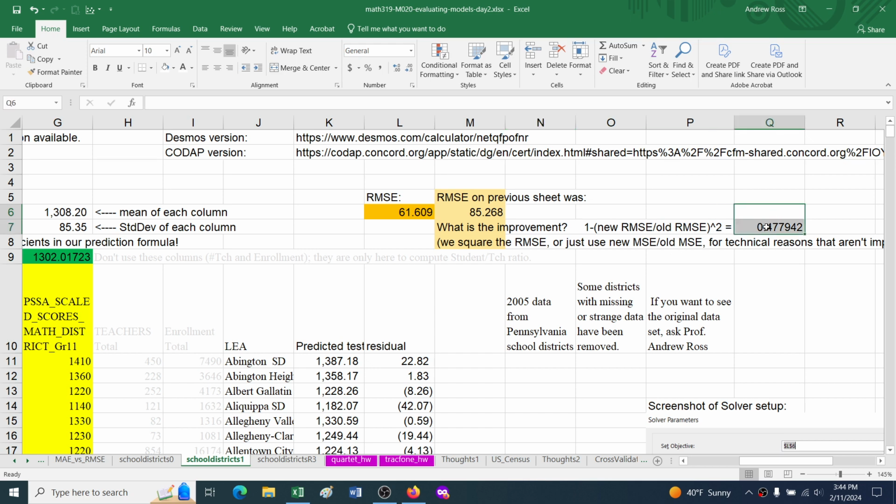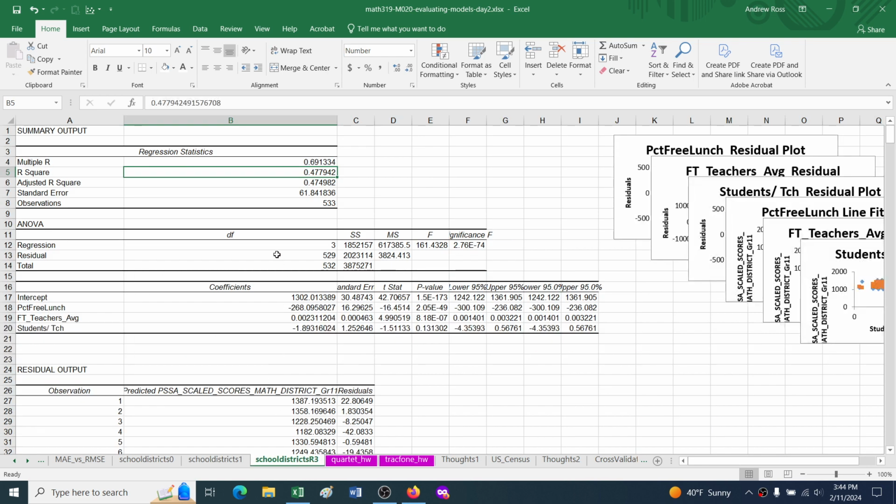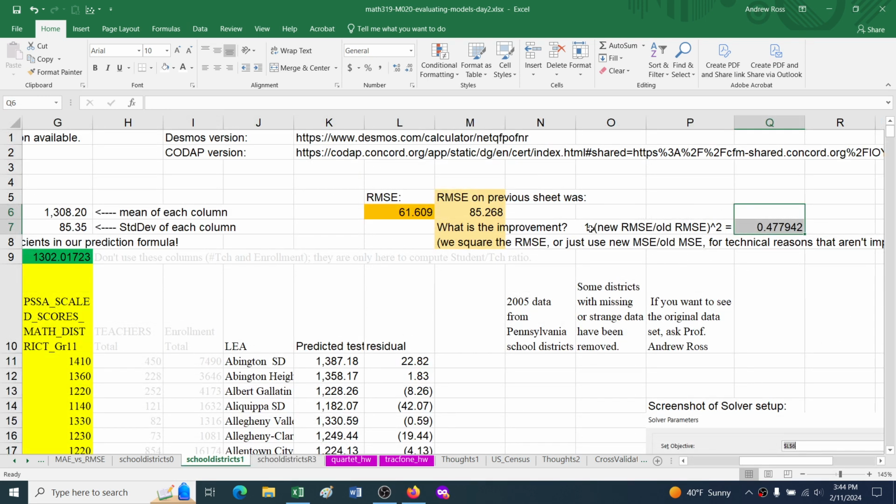But this 47% is interesting because if we did a multiple regression using the same x variables, we can see that that's actually equal to our r squared. So r squared is defined as what we just did, basically 1 minus the root mean square for our regression residuals divided by the root mean square for just predicting the average y value for everything, squaring that, subtracting from 1.